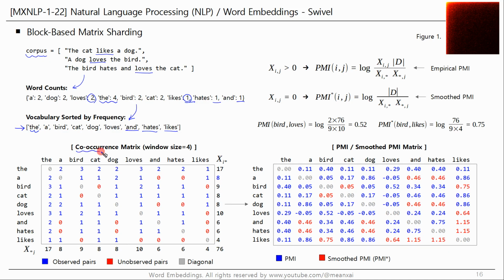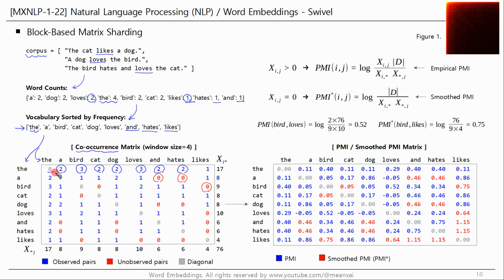Next, we create the co-occurrence matrix. We place the words along the rows and columns according to their frequency. Then we count how often each pair of words co-occurs and fill in the co-occurrence matrix. The numbers shown in blue represent observed co-occurrences, while the numbers in red represent unobserved co-occurrences.